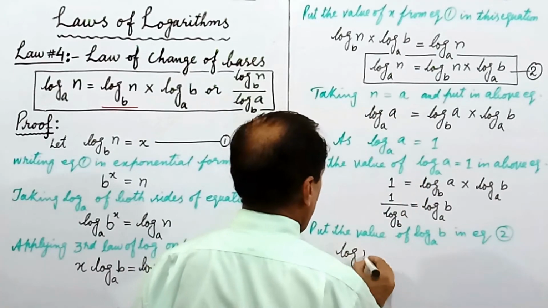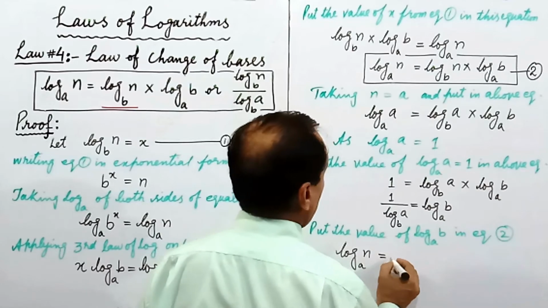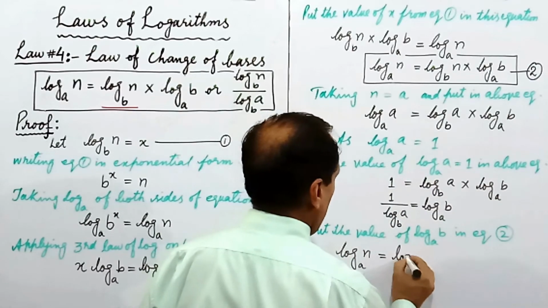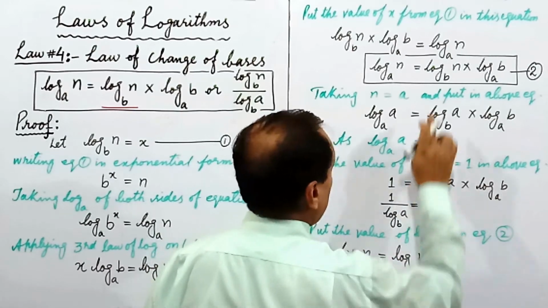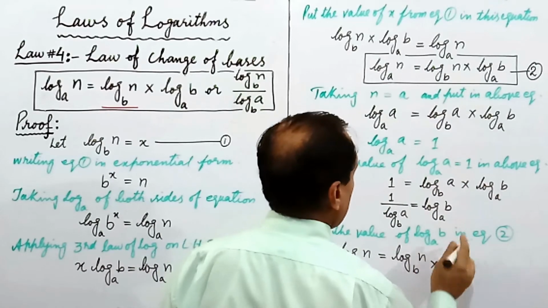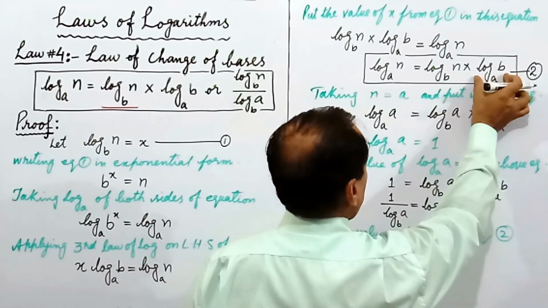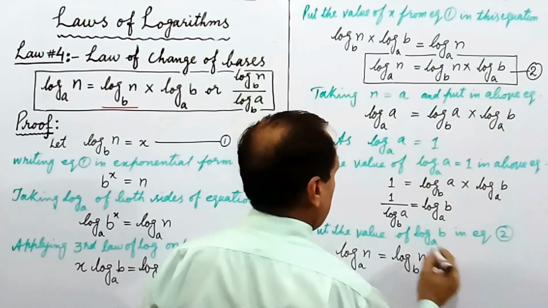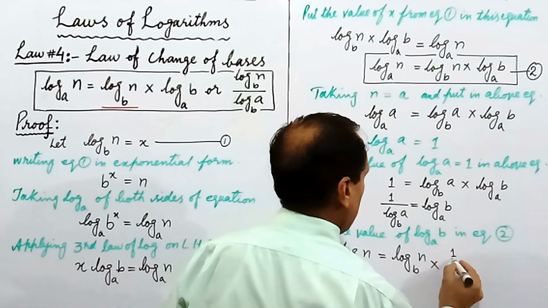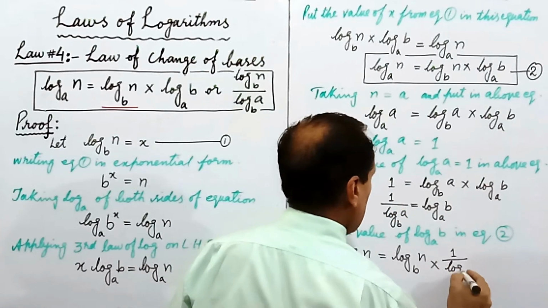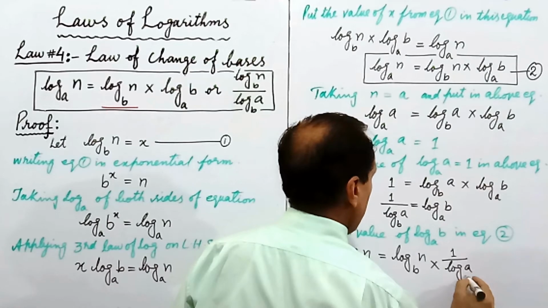Log n to the base a is equal to log n to the base b multiply, in place of log b to the base a, we put the value 1 over log a to the base b.